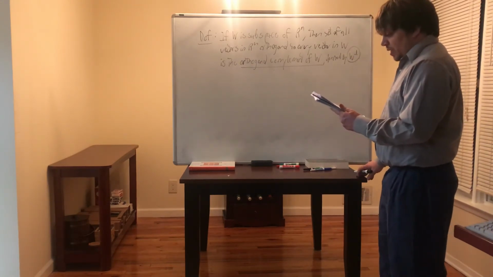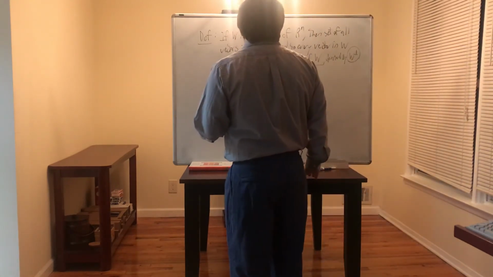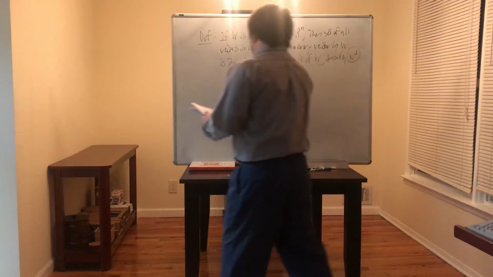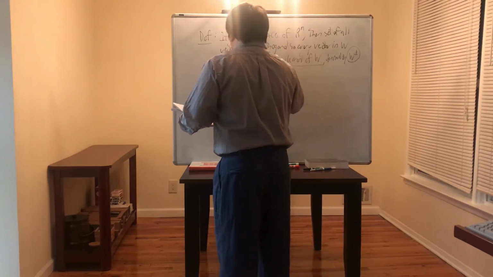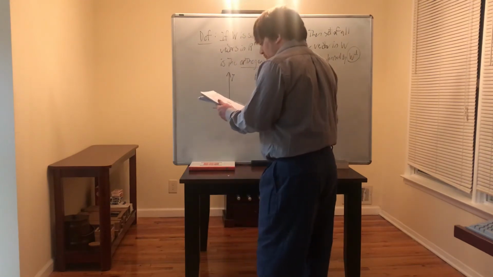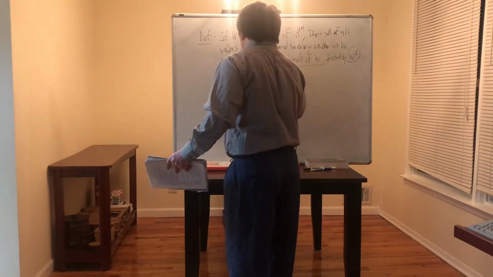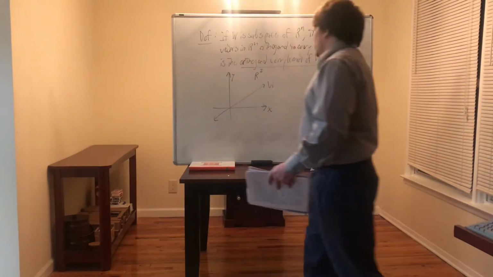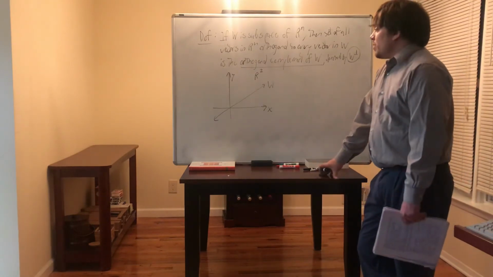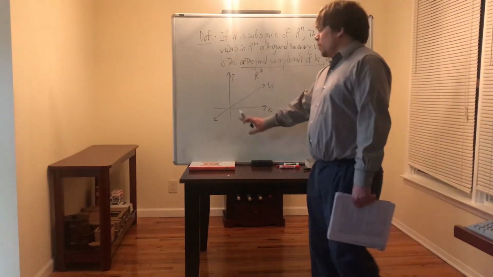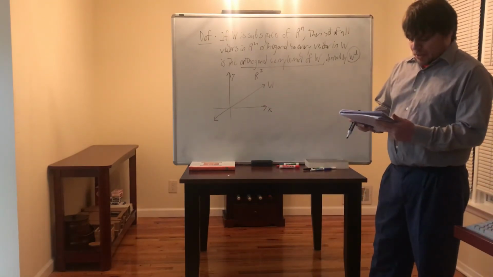The idea is this. Let's say you have, for instance, the x-axis and y-axis in R2, and then let's say we have a subspace of R2, which is the span, which is just this line. The subspaces of R2 are either lines through the origin or the entire space, and so this line through the origin is a subspace of R2.